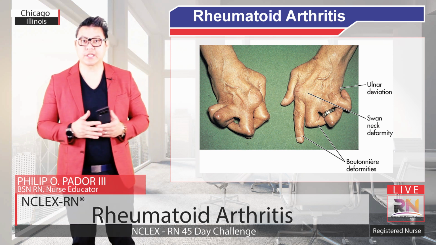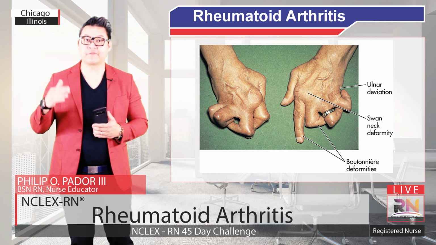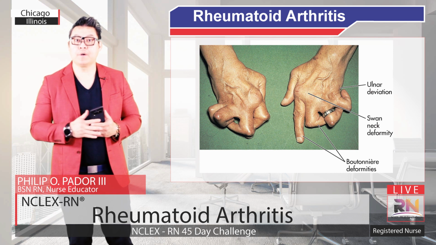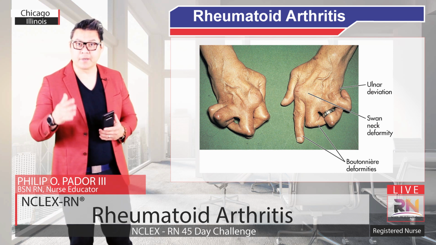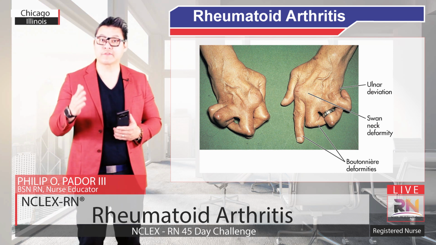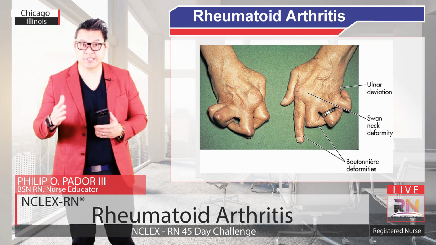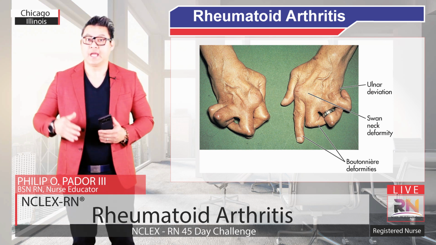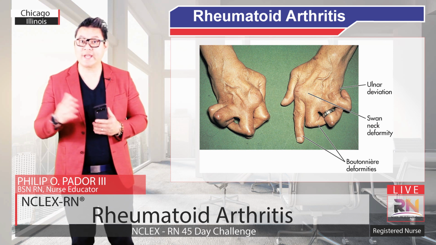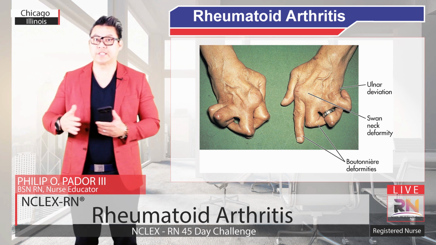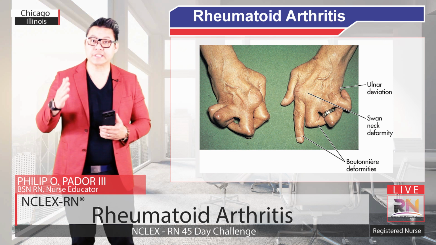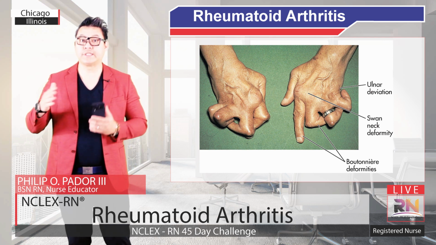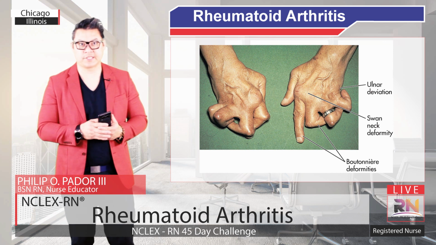This occurs when the extensor tendon in the back of the finger splits, and the head of the proximal phalanx pokes through like a button through a buttonhole, causing flexion of the proximal interphalangeal joint and hyperextension of the distal interphalangeal joint. Another deformity is the swan neck deformity, which is the opposite, with hyperextension of the proximal interphalangeal joint and flexion of the distal interphalangeal joint.